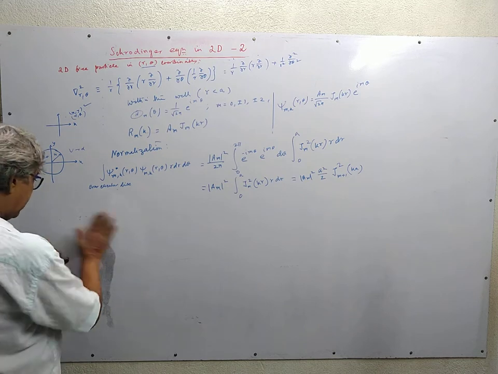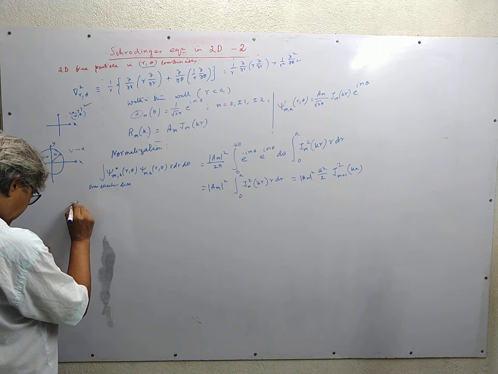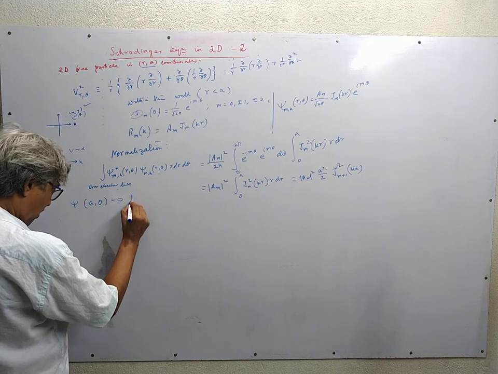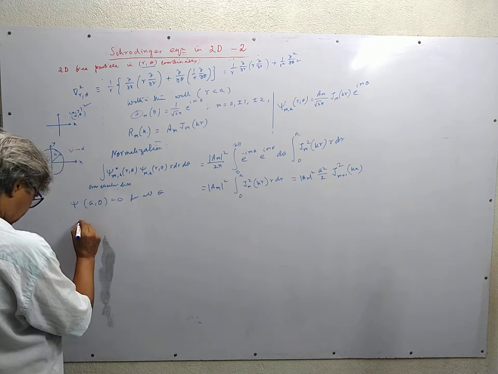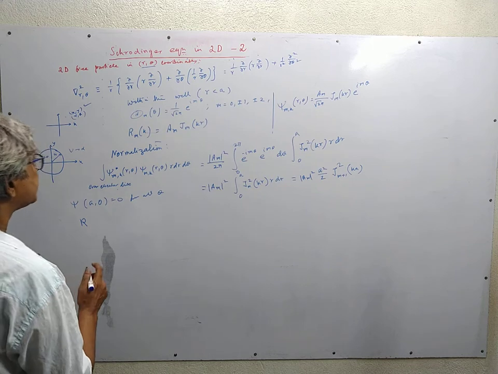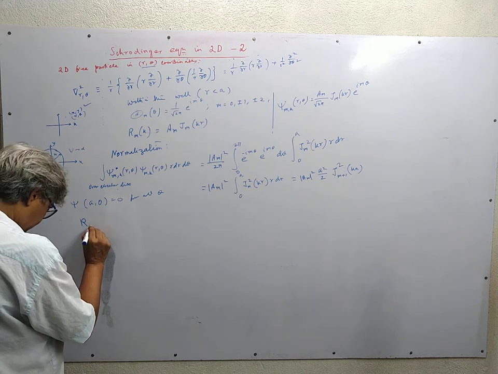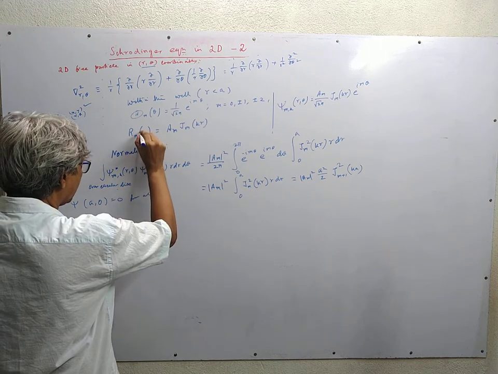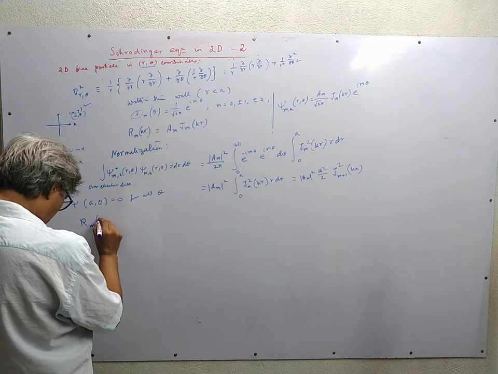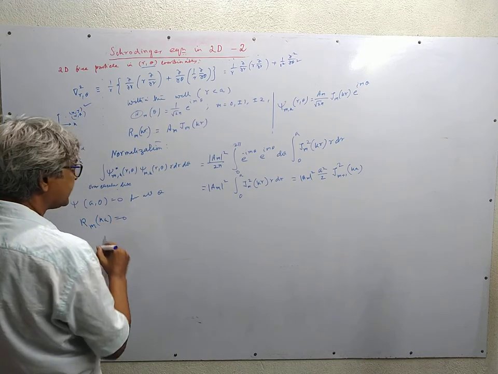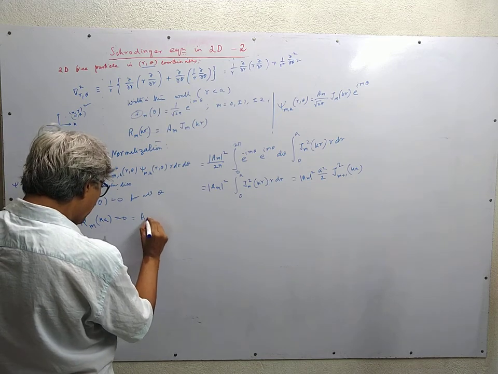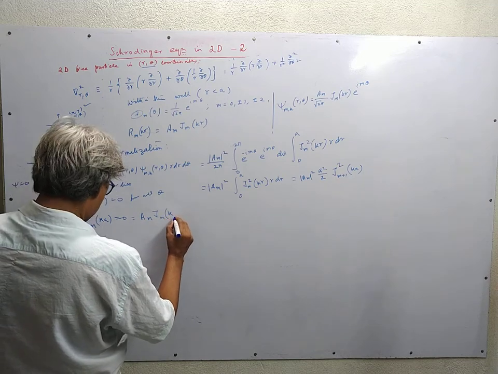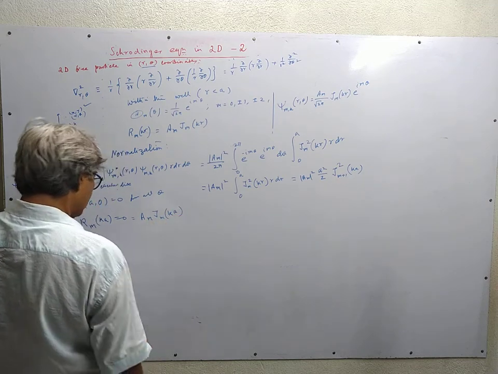The boundary condition is that the wave function ψ(a, θ) has to be 0 for all θ, that is, the radial wave function R_m(ka) has to be 0, and this is equal to A_m J_m(ka) = 0.